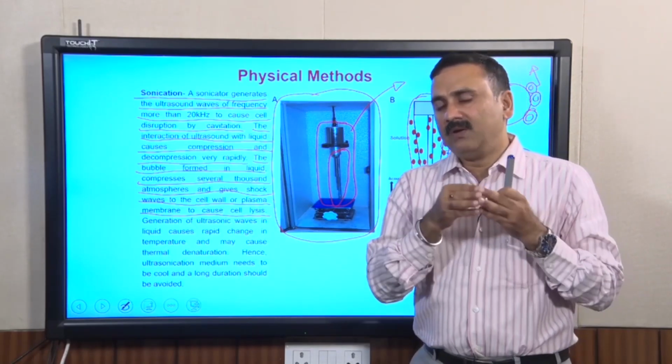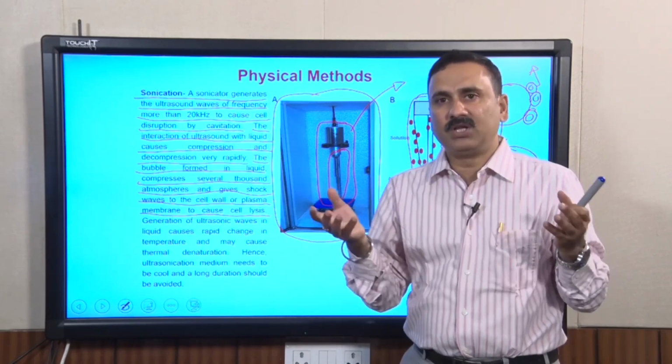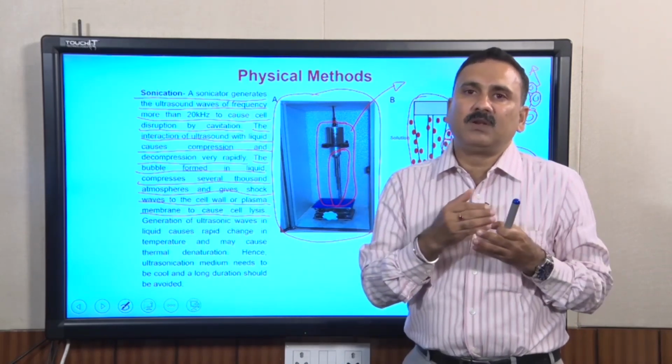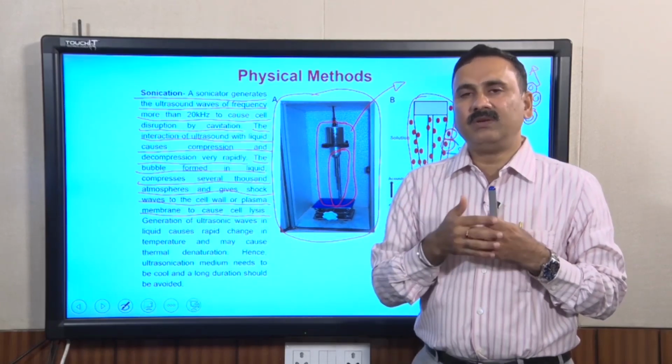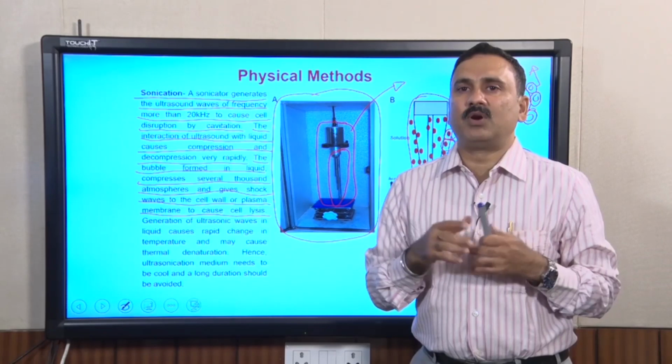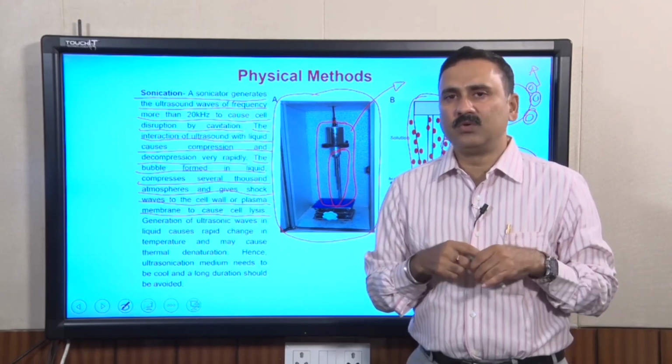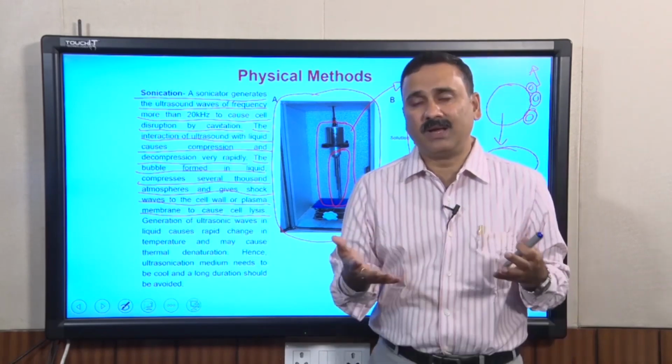For example, if the temperature goes beyond a permissible limit, that is going to damage the product you are going to produce, especially if the product is thermolabile.